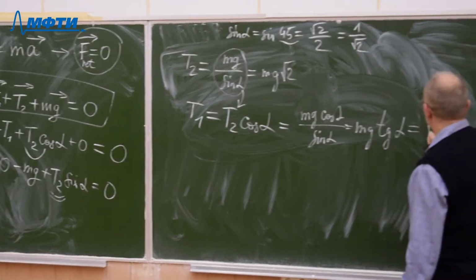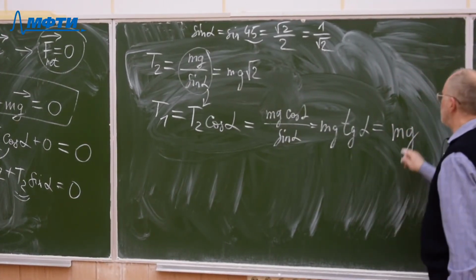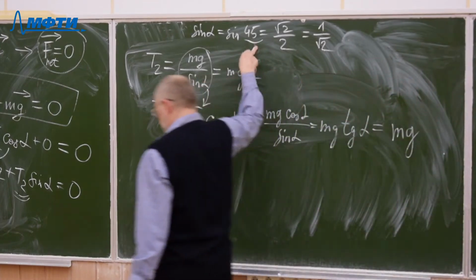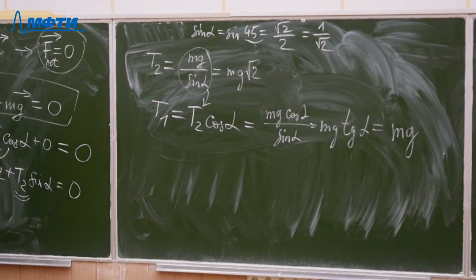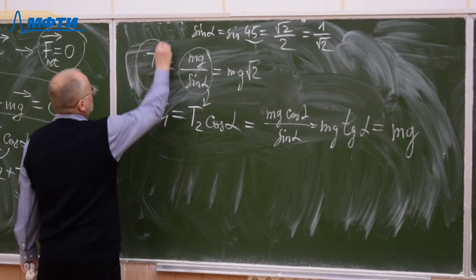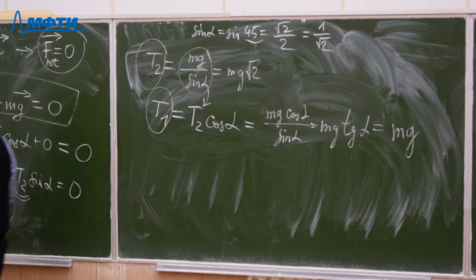So we obtain the magnitude mg in our situation, when alpha is given and is equal to 45 degrees. So we have found both forces of tension in both threads indicated here.